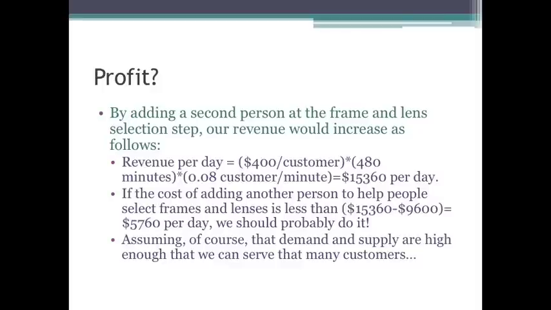It needs to generate value. So, any improvements to our process need to be able to generate value. And thus, only if demand warrants this increase in the throughput rate to 0.08 customers per minute, only then should we make this improvement. Thank you, and have a good day.